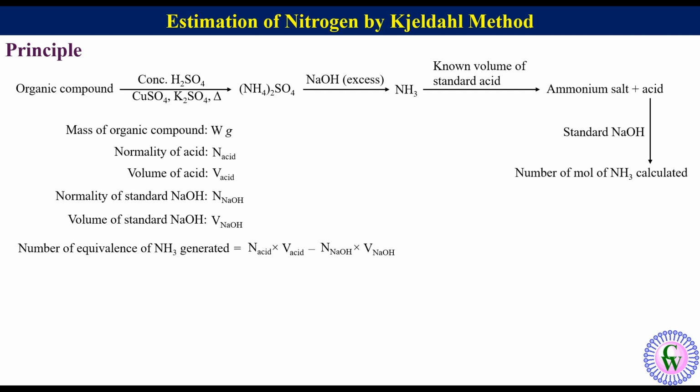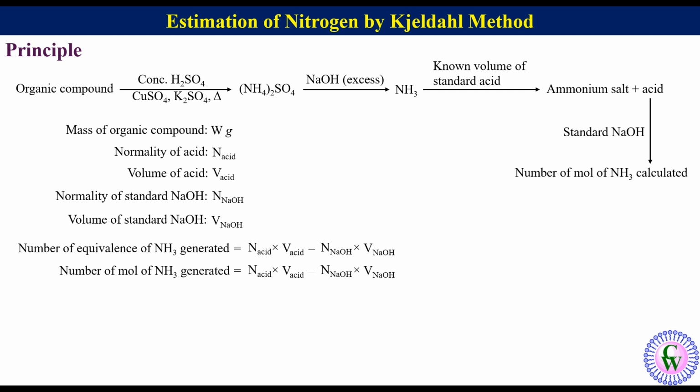We know that for ammonia, equivalent weight is equal to molar mass. So, number of moles of ammonia liberated is equal to number of equivalents. So, number of moles of ammonia generated is equal to N acid into V acid minus N NaOH into V NaOH.